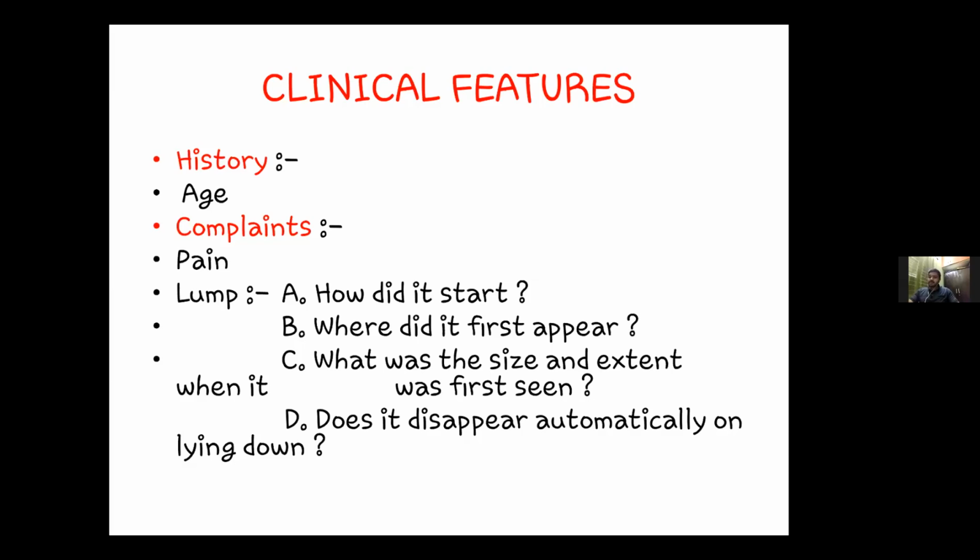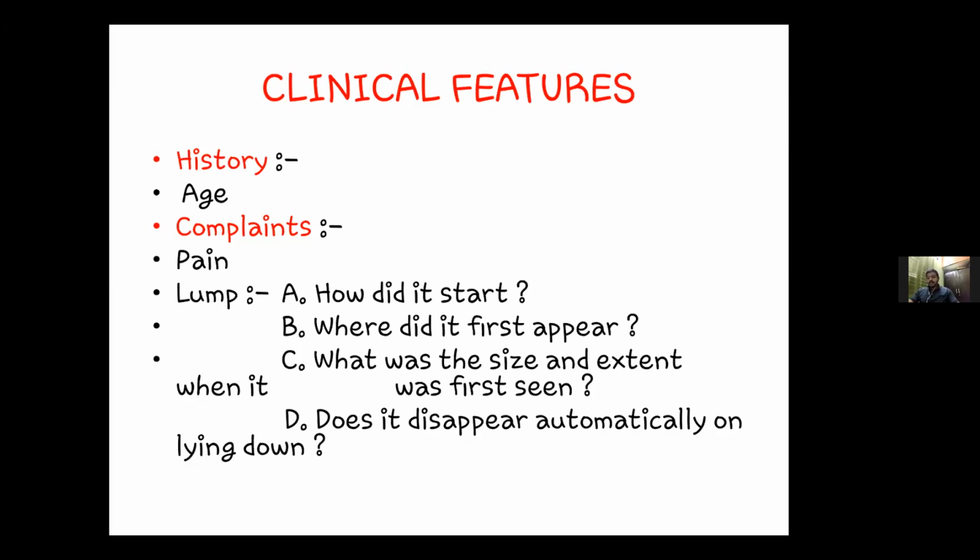In case of femoral hernia, the patient complains that he has noticed the swelling below the groin crease. But in case of obturator hernia, he or she just tells that he is experiencing pain in the medial aspect of the thigh, or in some cases the swelling can be seen in the upper medial aspect of the thigh.